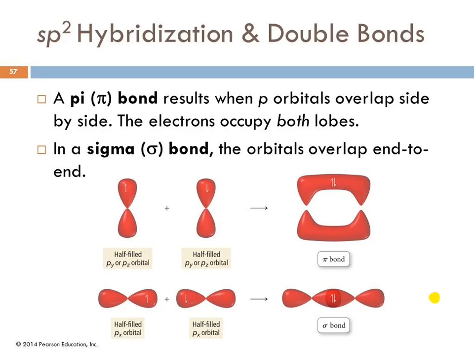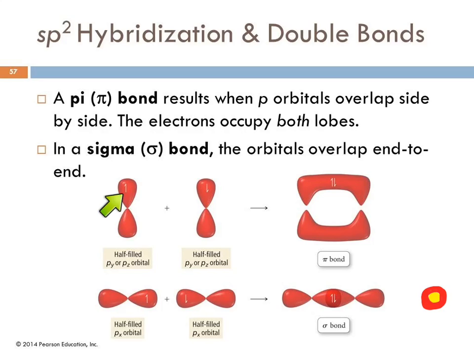And what we're going to see when these guys overlap is that it's spherical. If we're looking at it from this direction, we see a sphere. So sphere, sigma, symmetrical. This is a sigma bond, an end-on view of a sigma bond.